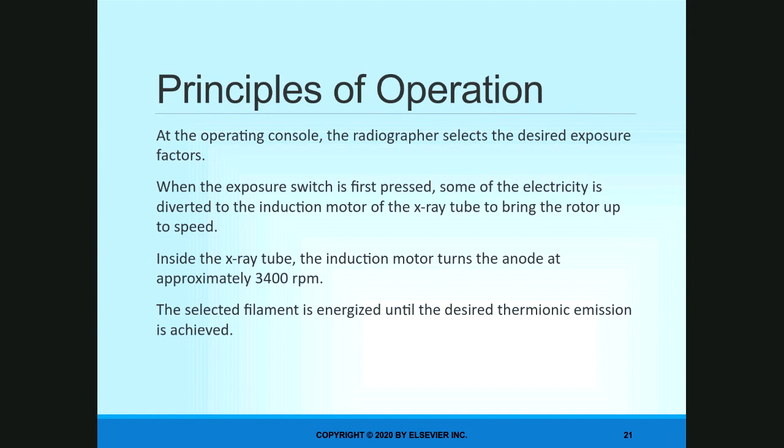And what determines how many electrons are going to be released from your heated filament is your MA and your time, your mass value, because mass affects quantity. So between choosing your MA and time, you're telling the tube how many electrons you want released from that heated filament. The KVP factor determines how fast those electrons will come from the cathode to the anode to smash into that target.